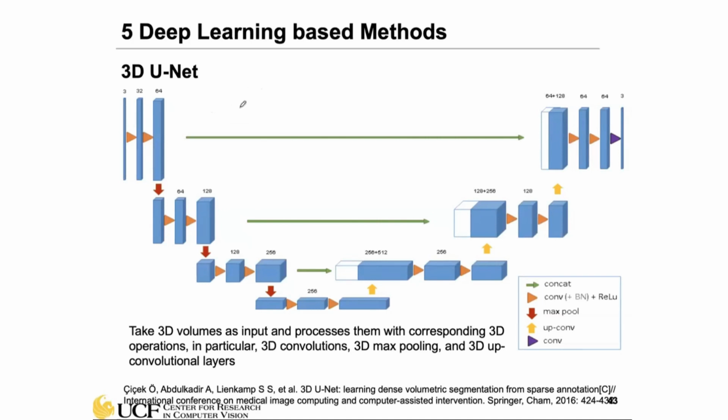An analogy would be video processing, right? Video is not just a single image. You could do this image by image, frame by frame, and still treat it like 2D processing. But as we know, the temporal correlation in video is very strong, right?